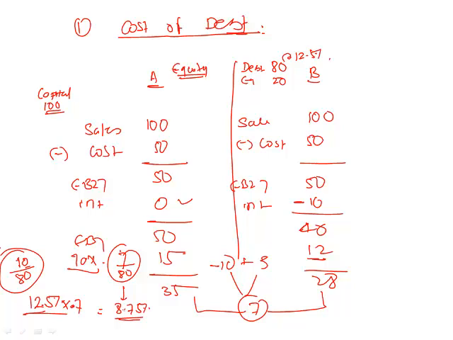You might also want to write down their capital structures. Firm A is an all equity firm with equity of 100. Firm B 80% debt, 20% equity. It's a levered firm, yeah.